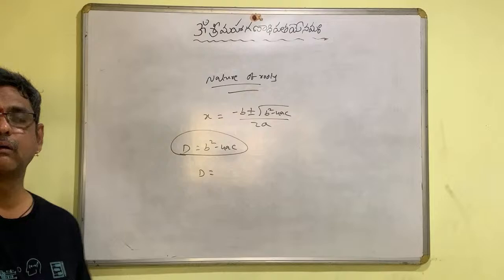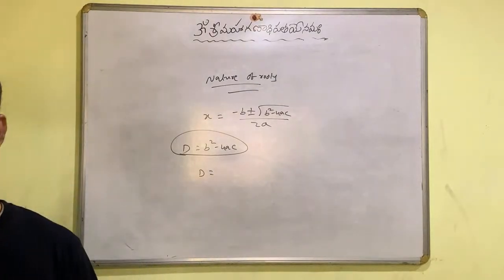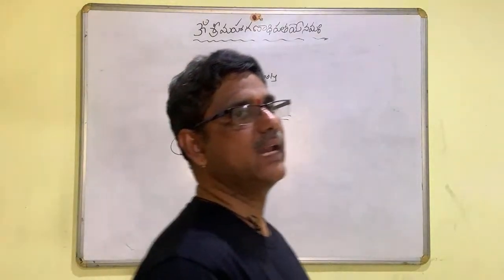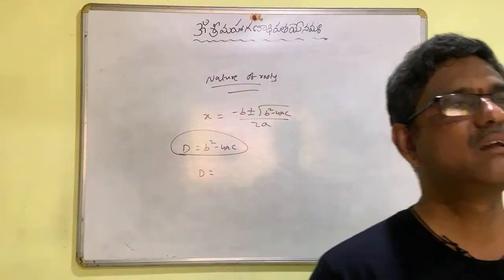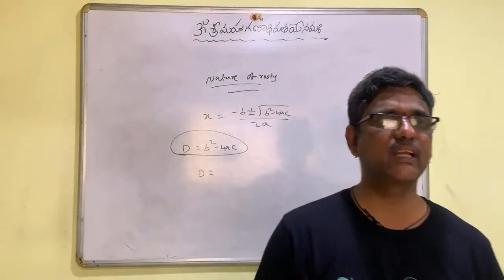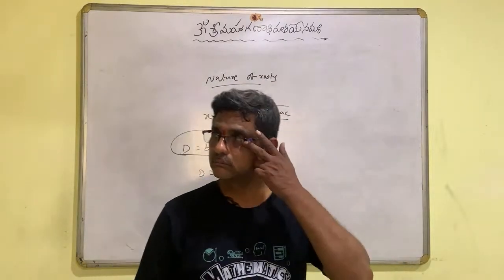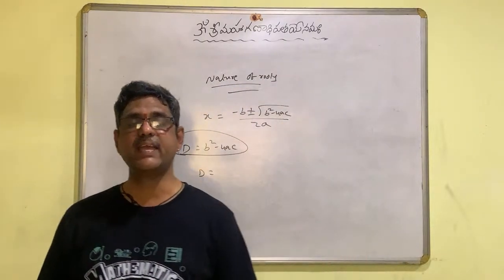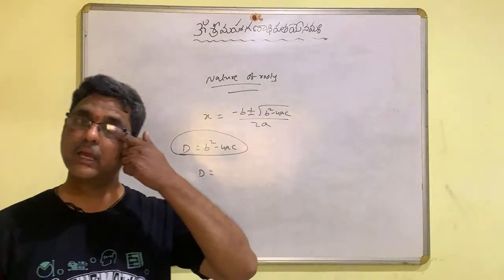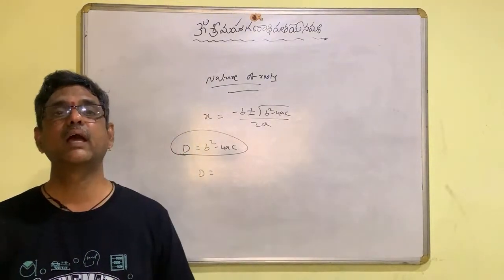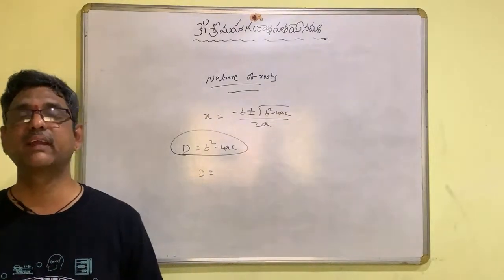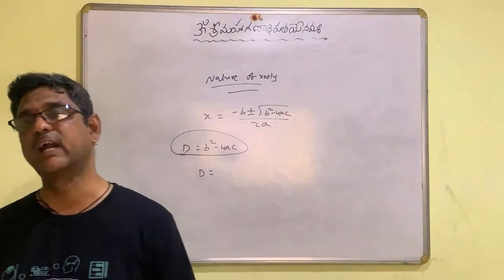The value of D decides whether the given quadratic equation is having real roots or not. The value D decides about the zeros, whether the given equation is having real zeros or not.